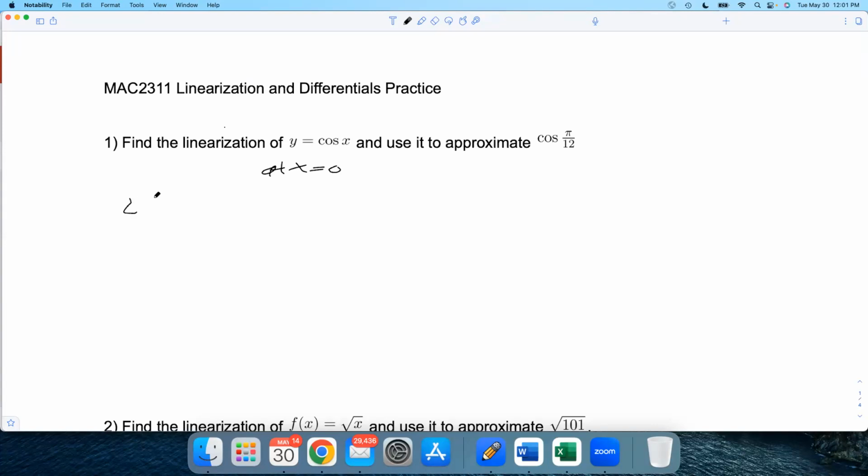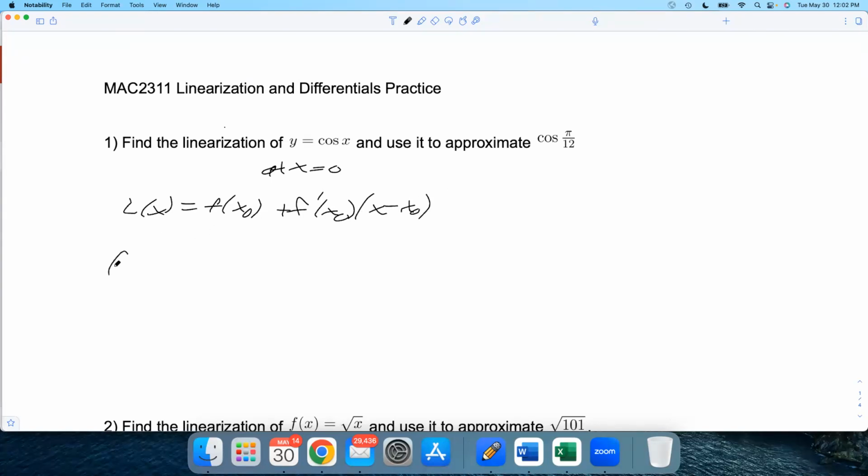Okay, so the linearization is the original at your starting value plus the derivative at your starting value times x minus your starting value.